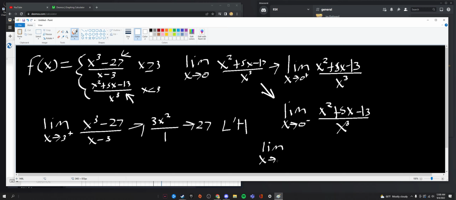We'll do 2 this time. Because it's in the denominator, we would have 1 over x cubed multiplied by negative 13. We'd also have the limit as x approaches 0 on the negative side, the same thing, also multiplied by negative 13.